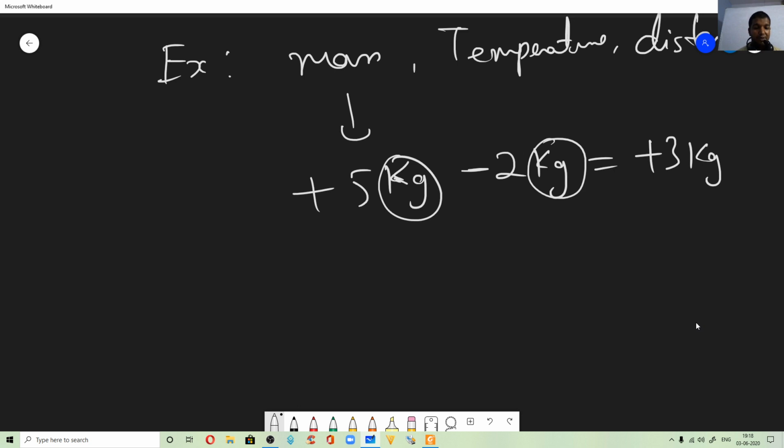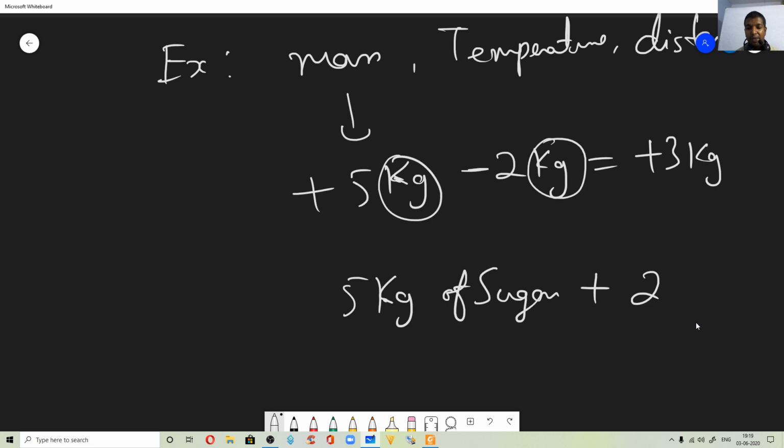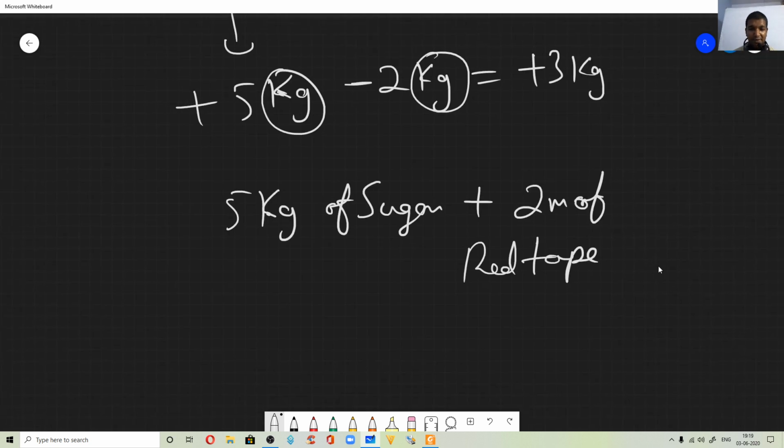Suppose I say add 5 kg of sugar with 2 meters of red tape. Do you think it makes sense? No. What is the reason here?